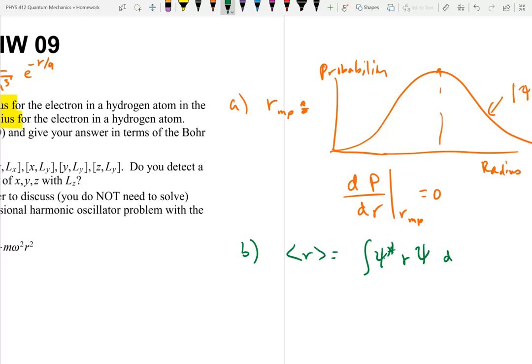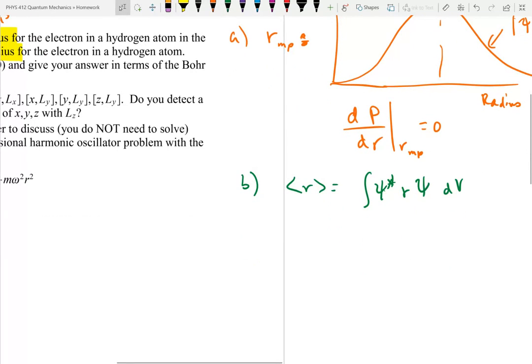I'm going to put dv originally, but then that's going to be equal to, because r is a simple thing, and there we have the dr, right? So this here is the same thing that we did the derivative of before, which is why I organized it that way. Now notice we have r times r squared, so it's going to be r cubed. Boom, you do that, you get your expectation value.